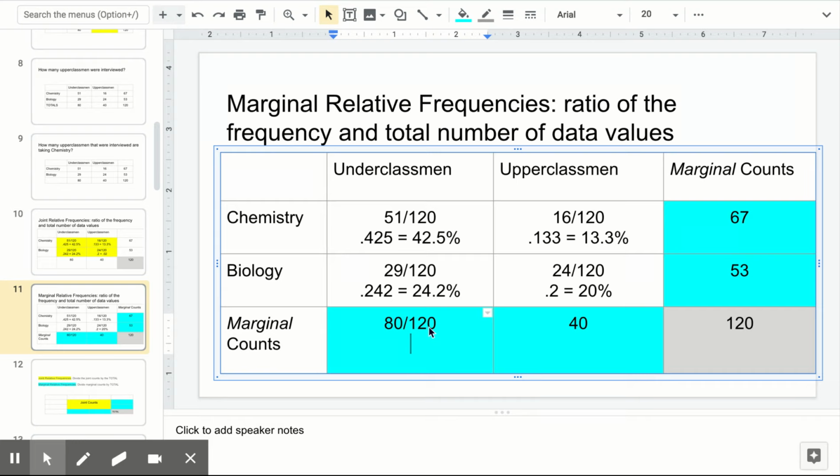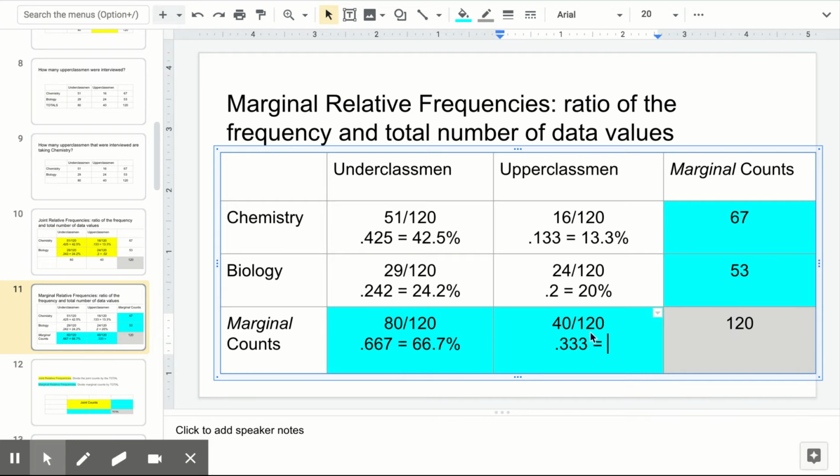You're going to do 80 divided by 120, which is going to give us 0.667. As a percentage, move it over twice, 66.7%. 40 divided by 120. You could probably reduce it yourselves and just get 1/3, which we know is 0.333.